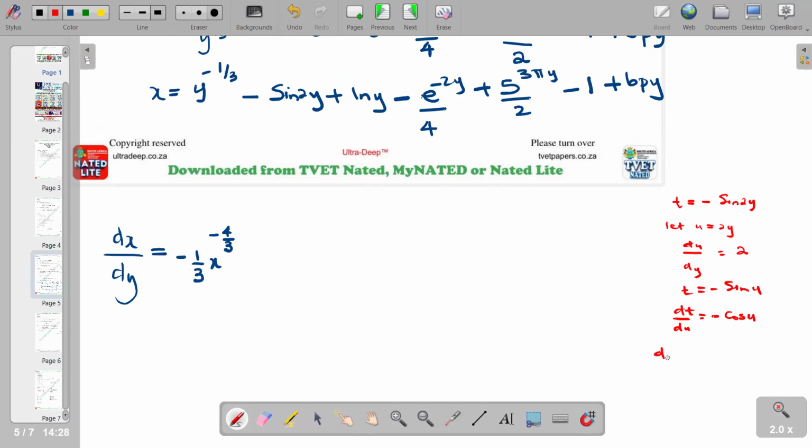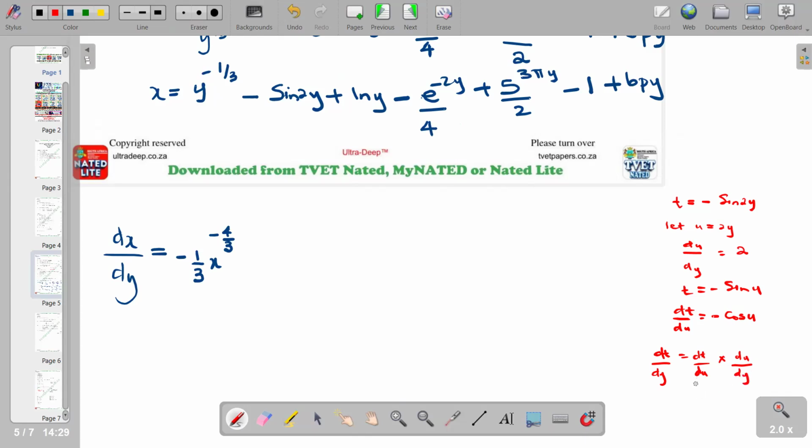So dt/dy will be equal to dt/du multiplied by du/dy.